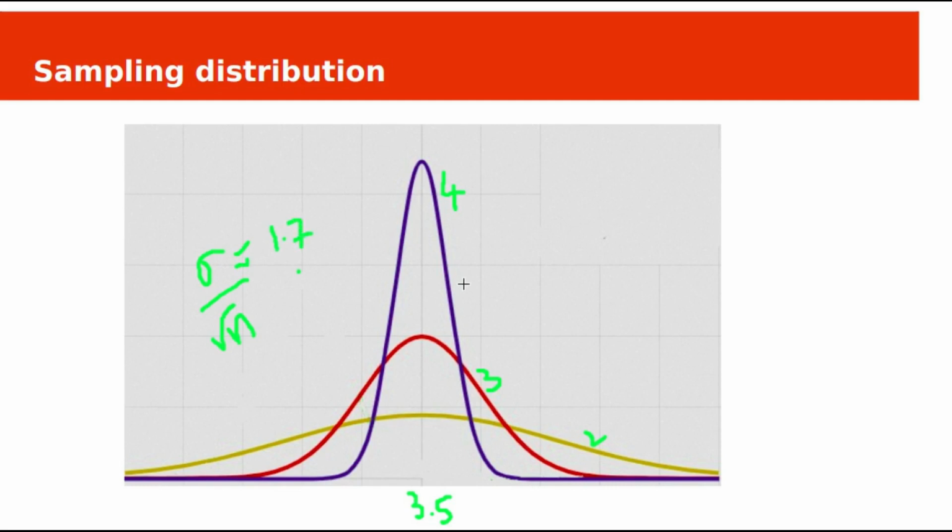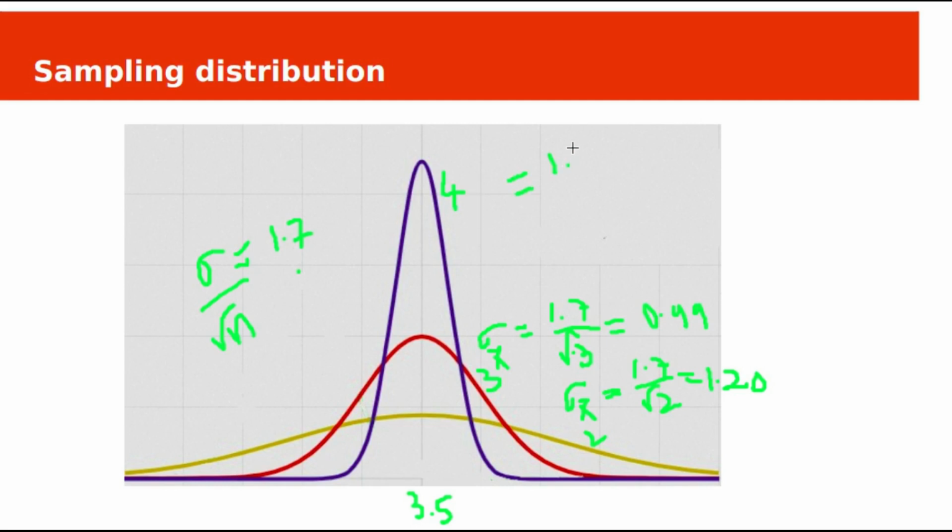The standard deviation for sample size 2 is 1.7 divided by square root of 2, which is 1.20. For sample size 3, 1.7 divided by square root of 3, which is 0.99. For sample size 4, it is 1.7 divided by square root of 4, which is 0.85.